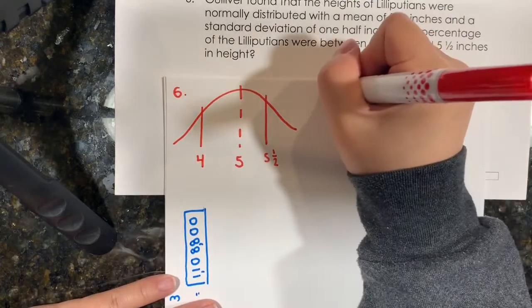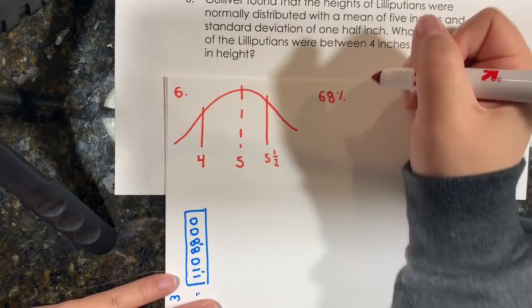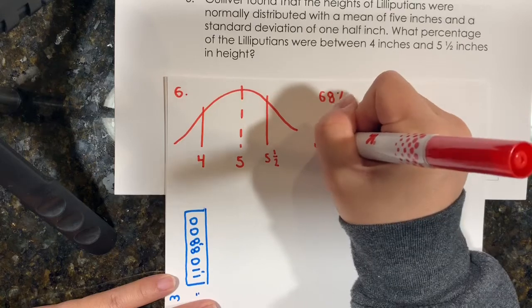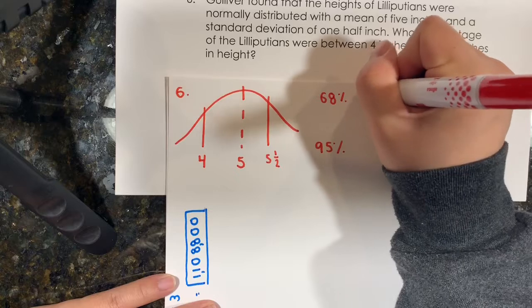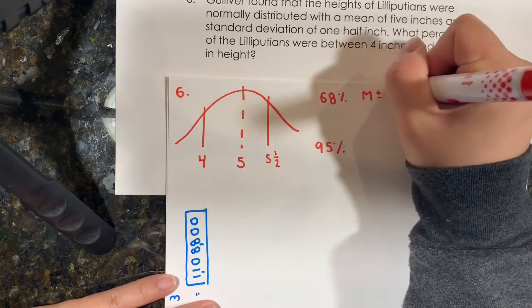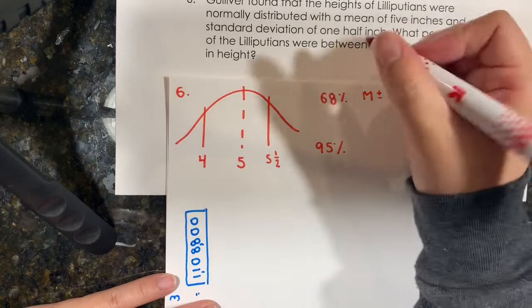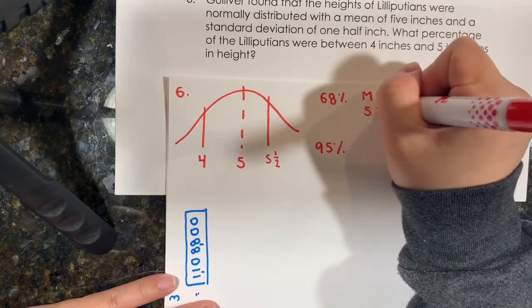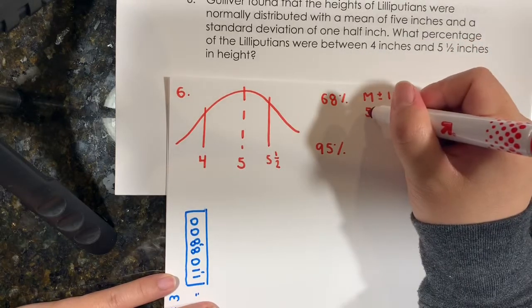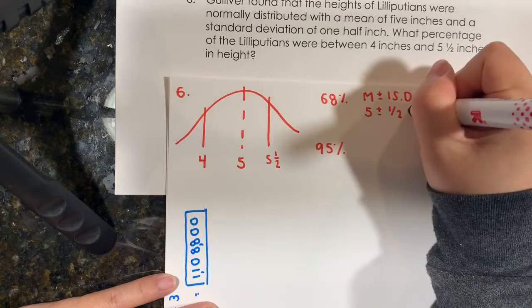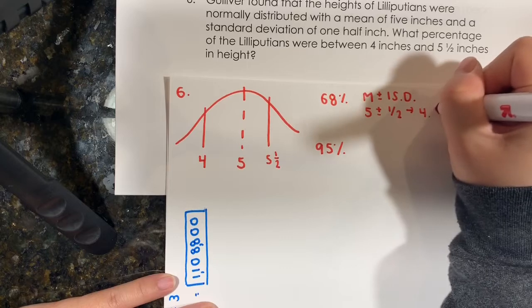So now there's 3 percentages that you know: 68%, 95%, and 99%. For the 68%, we do the mean plus or minus 1 times the standard deviation. So the mean is 5, and the standard deviation is 1/2. If I do the mean minus 1/2, I would end up with 4.5.